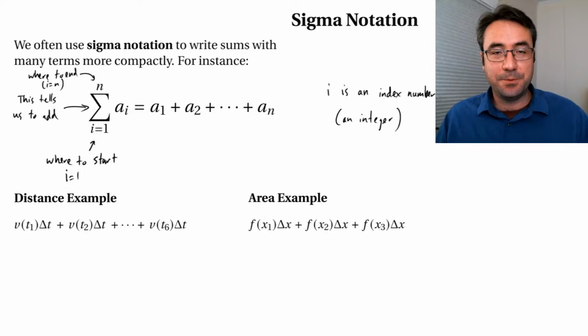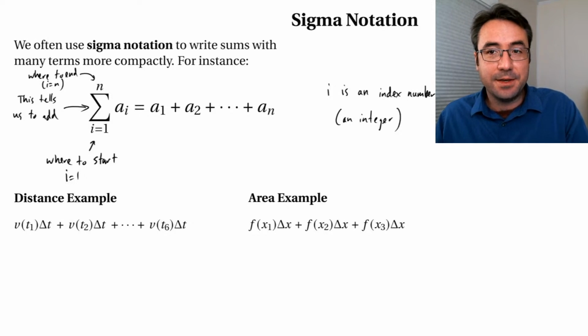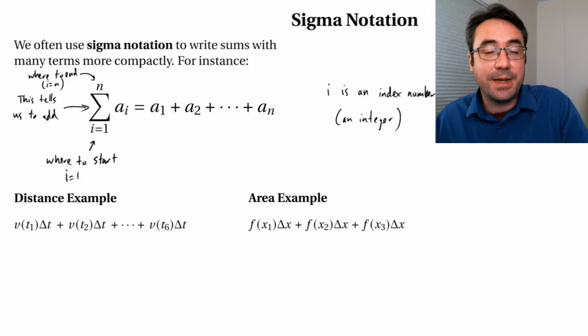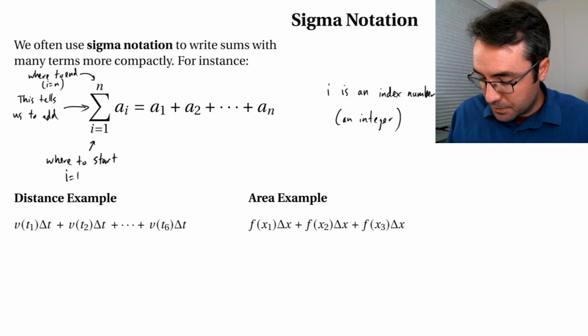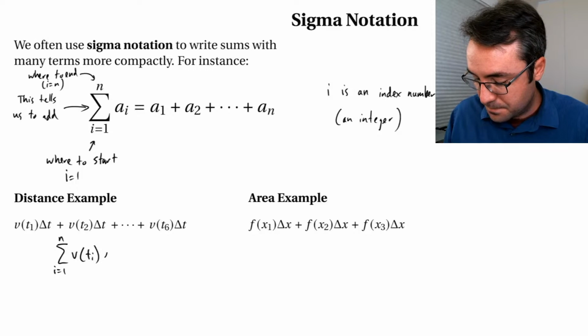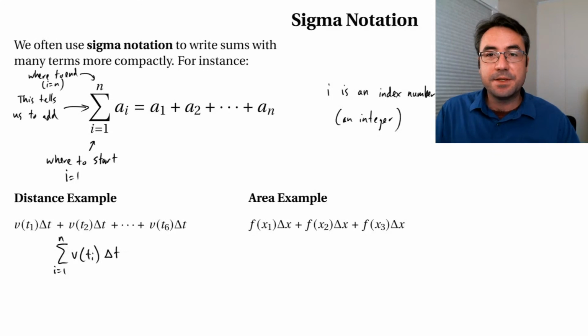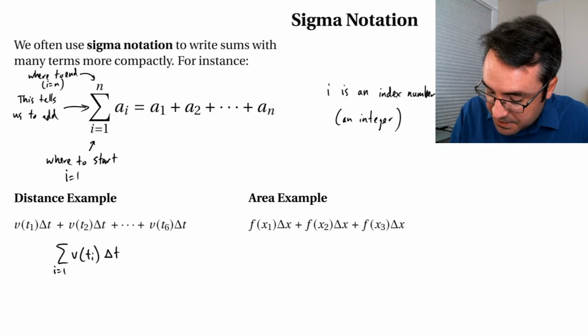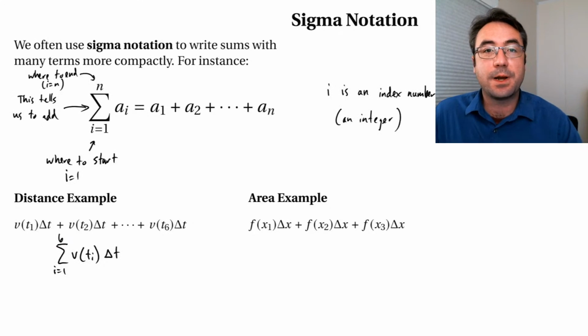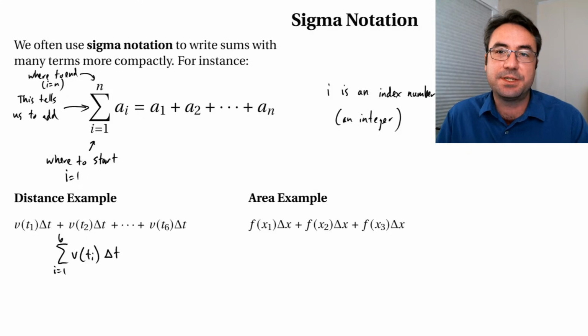So we got up to our last velocity, v evaluated at t sub 6, times delta t. And to write this in sigma notation, we would write sigma i equals 1 to, not n, it's going to be 6, because we're adding up 6 terms together.